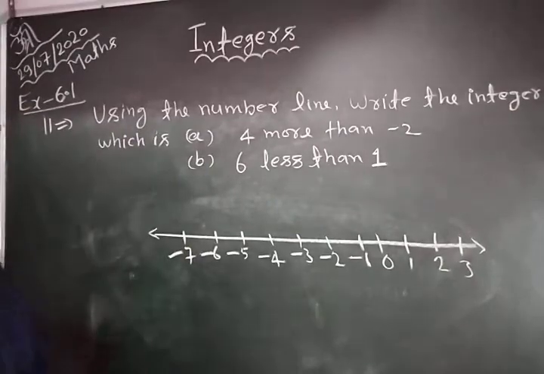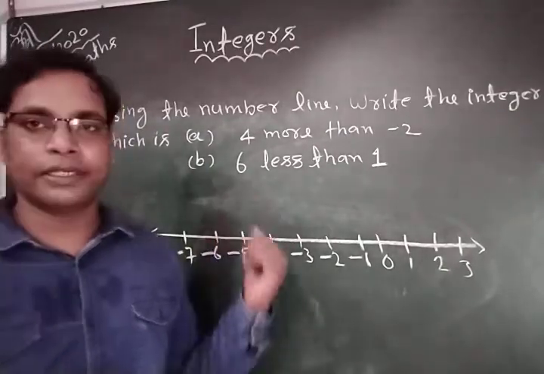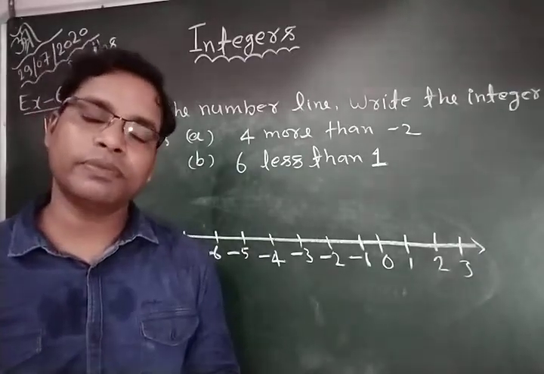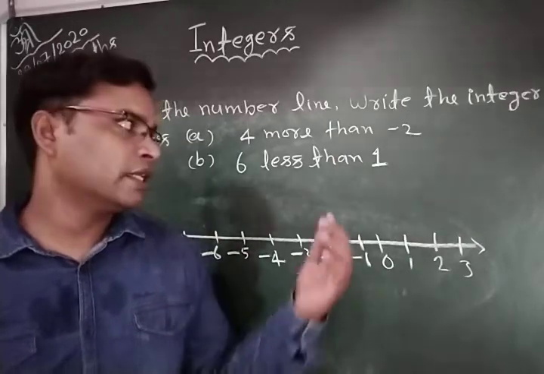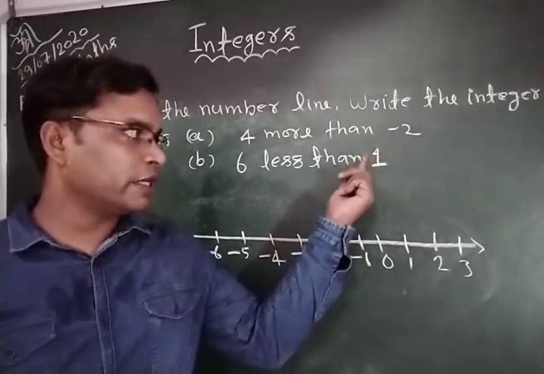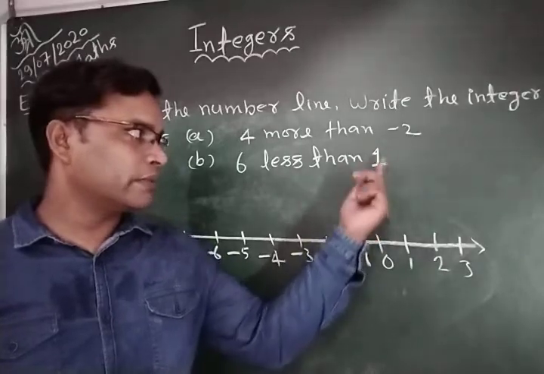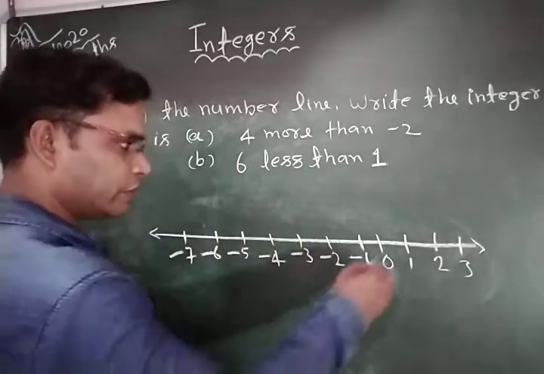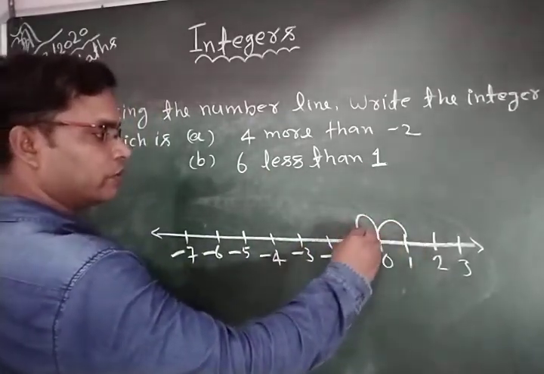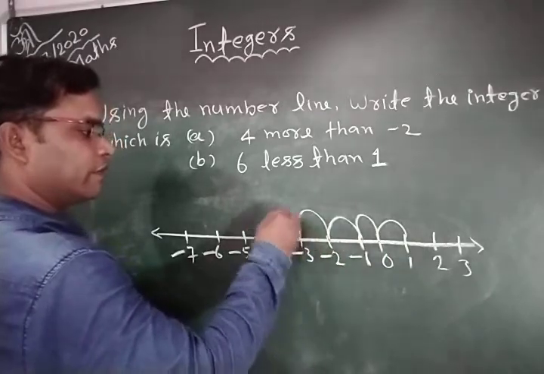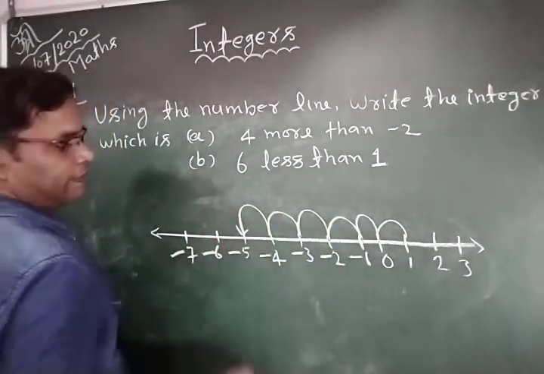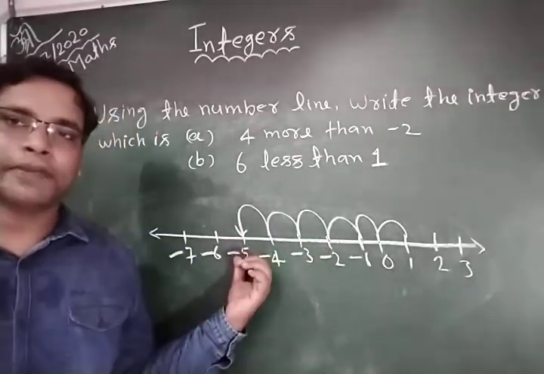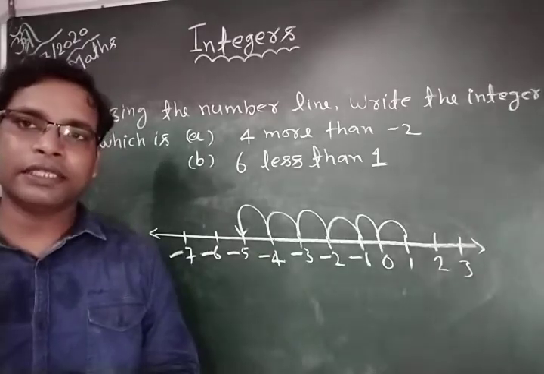Here the question says less than, which means we move to the left side. If it says more than, then we move in the right direction. So from where? From 1, we move in the left direction 6 units. This is 1 unit, 2 units, 3 units, 4 units, 5 units, and 6 units. Where do we reach? We reach -5. So the required integer is -5.